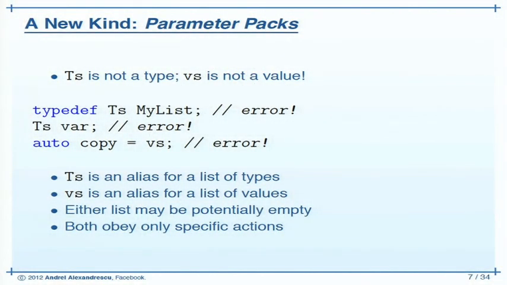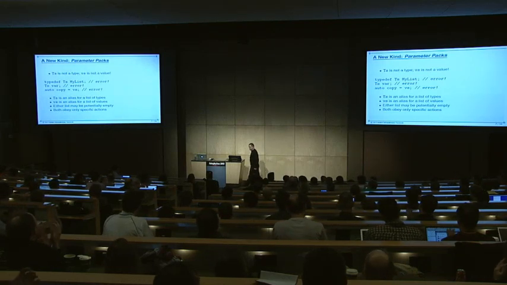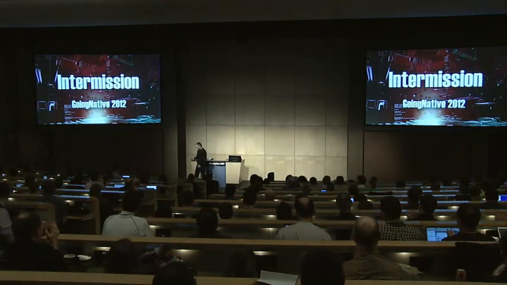Similarly, for lists of values, you've got to put them in a tuple, for example. So the tuple would be a prime example of that. All right, with this, thank you very much, and I'll be at the panel.